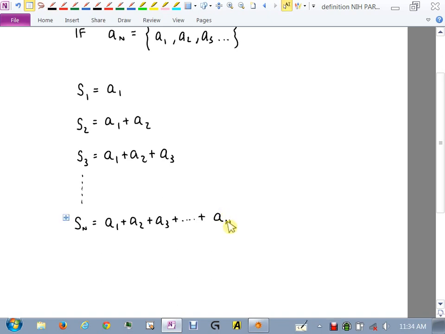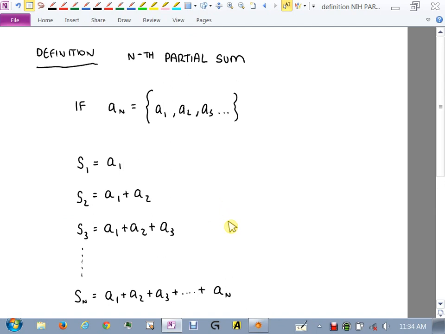So let's make sure you're very clear on what's going on here. You're starting with a sequence, which is a list of numbers. That list of numbers could be anything. Then I'm actually generating a new sequence of numbers, aren't I? Based on that sequence. That sequence of numbers, S1, S2, S3, are the corresponding sums when you just take a partial sum.